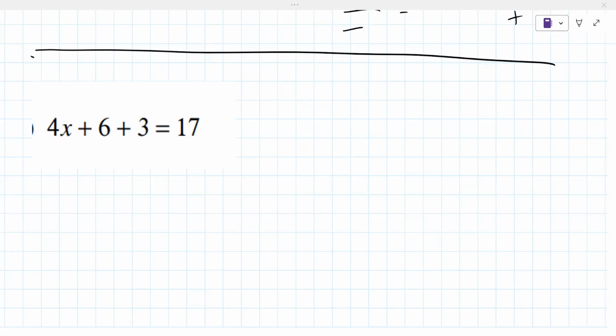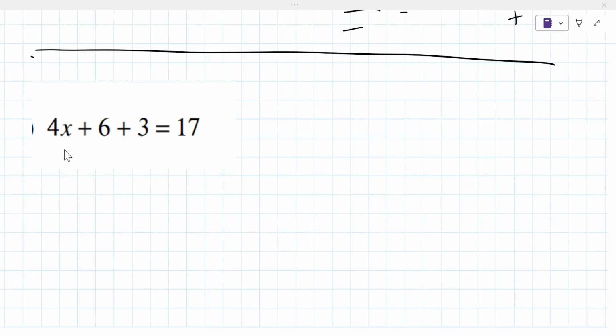So 17 minus 9? Yes. Eight. So it would just be positive 8, and then 4x, because you don't do anything to 4x with the 9, right?